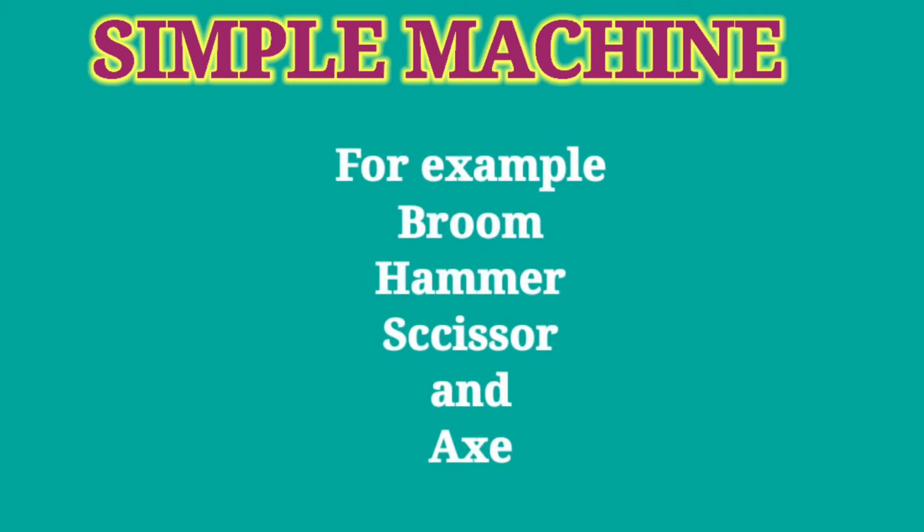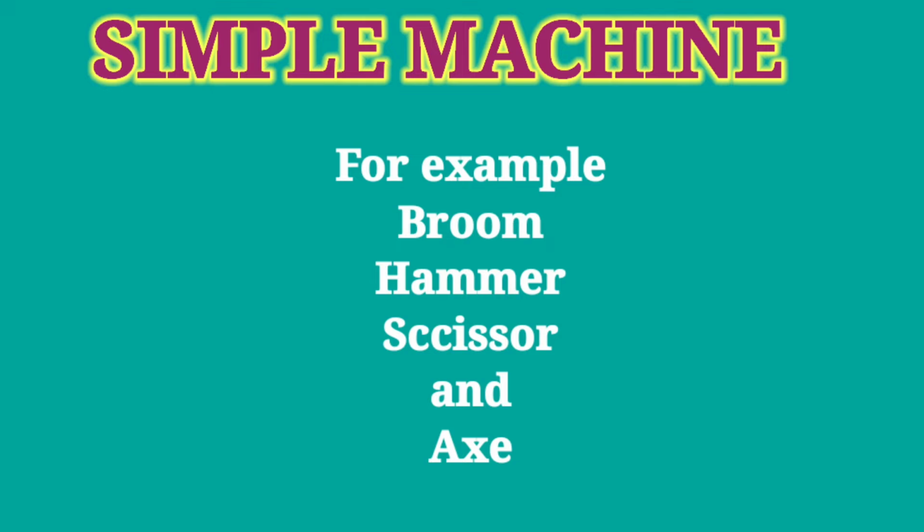For example, broom, hammer, scissor and axe. These have simple structures, but these devices make our work easier, faster and convenient. Because of that they are called simple machine.